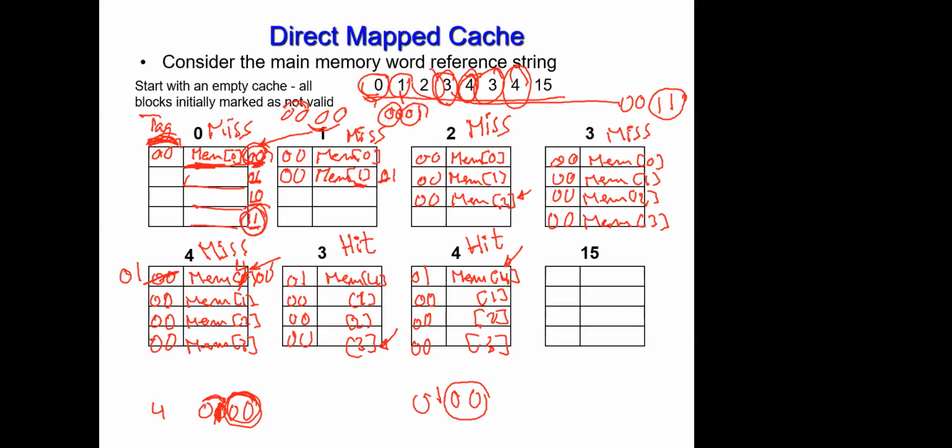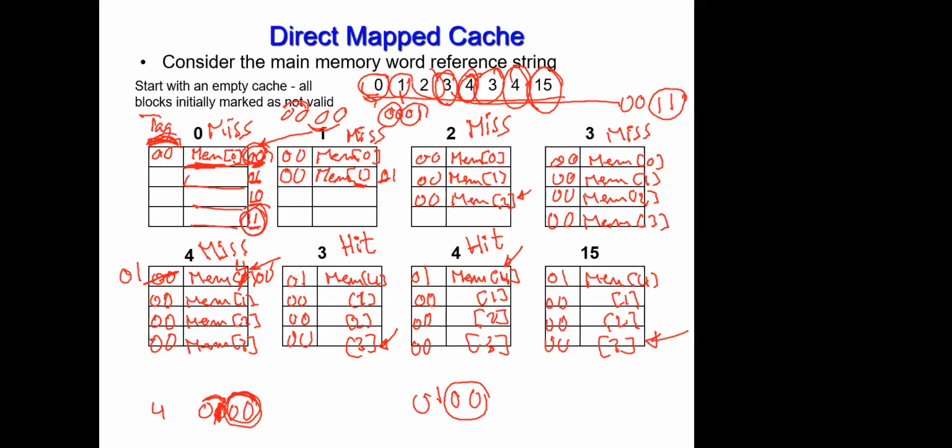Then I will copy again everything. Memory 4, 1, 2, and then 3, 0, 1, 0, 0, 0, 0, 0, 0. But I would like now to go to 15. 15 modulo 4 is what? 15 modulo 4 is 3. So I will go to 3.